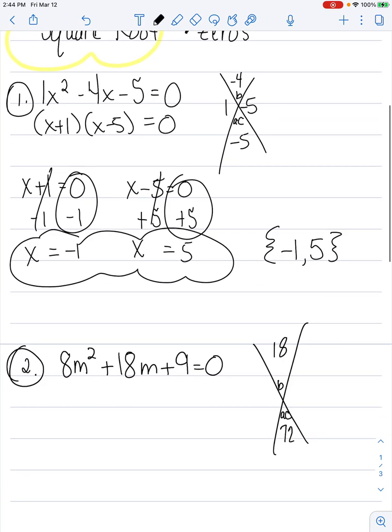So let's look at our factors of 72. We have 1 times 72, of course, 2 times 36. Let's see, will 3 go in there? 3 times 24, and I think, nope, not quite yet. Will 4 go in there?